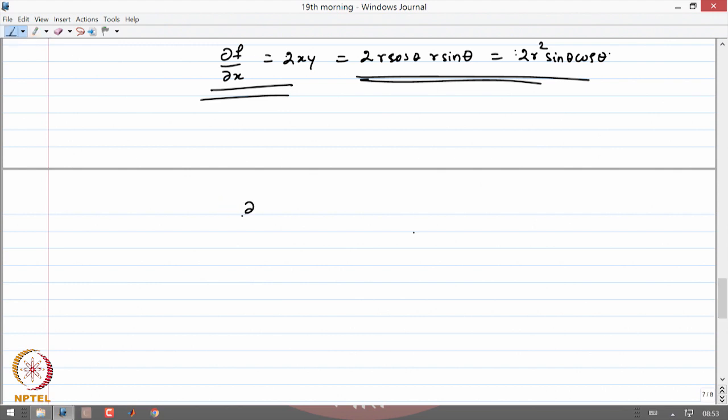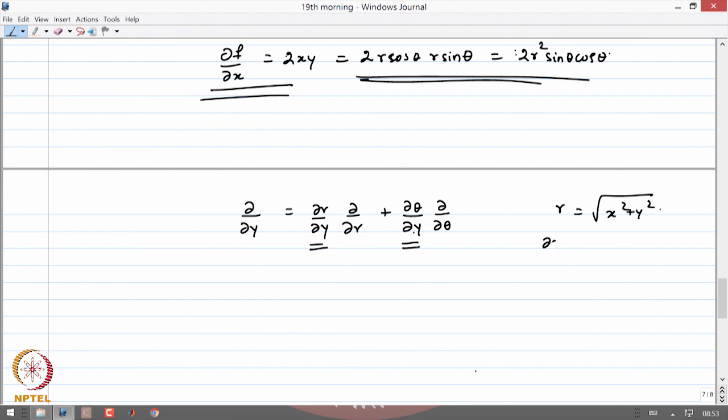The derivative ∂/∂y is ∂r/∂y ∂/∂r plus ∂θ/∂y ∂/∂θ. And again, now you have to calculate these derivatives, and you know that r is square root of x² + y². Therefore, ∂r/∂y is going to give you y by square root of x² + y², and that is sin θ.